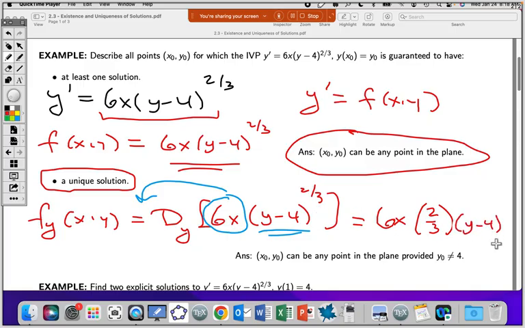Yes, minus 1/3. Now that minus means what?